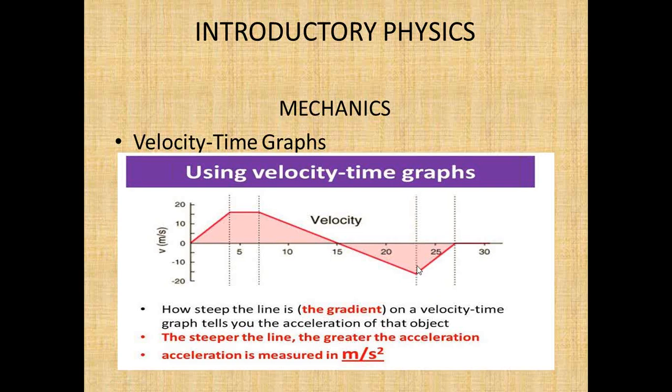So the number is decreasing. So it's slowing down, but the acceleration is positive. Okay? Again, the steeper the line, the greater the acceleration because the slope of the velocity time graph gives you acceleration. And again, acceleration is measured in meters per second squared. All right.